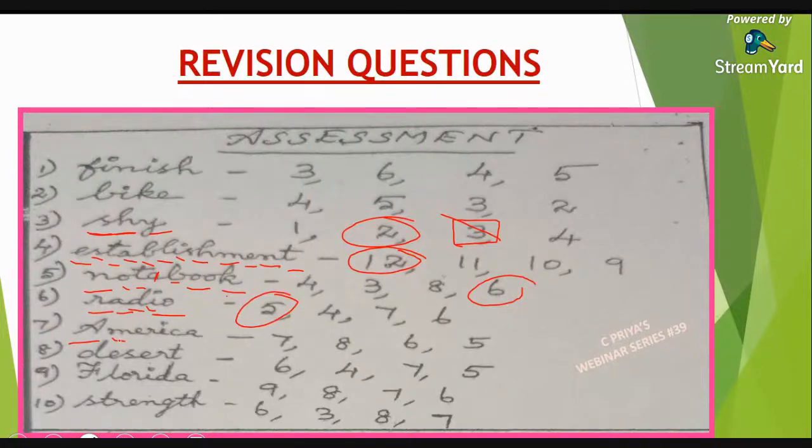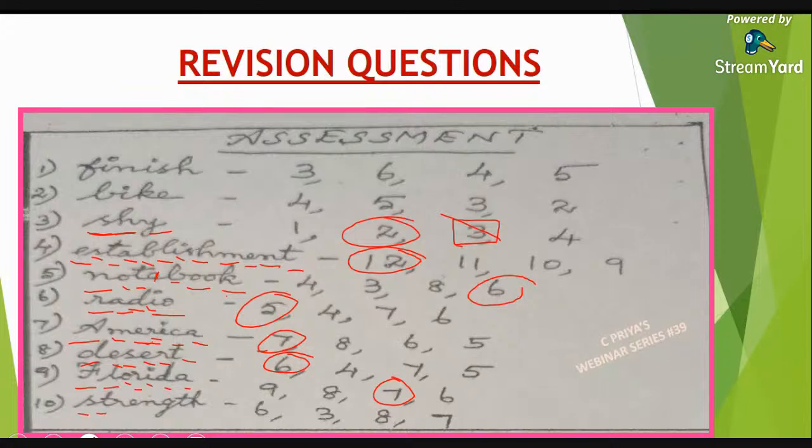America. A, M, A, R, E, K, A. America. There are 7 sounds. Desert. D, A, S, A, R sound. And D. How many sounds do we have here? We have 6. Florida. F, L, O, R, I, D, A. Again we have 7 sounds. The 10th one, strength.